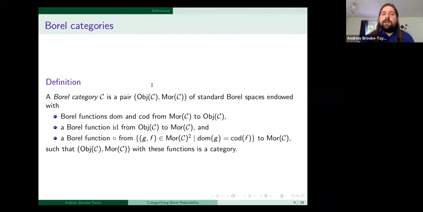So a Borel category is just a pair of standard Borel spaces where you have a space of objects and a space of morphisms. And then in the way I set up the category theory definition with the functions between those classes, it's just all the same for that, in such a way that these objects and morphisms with those functions form a category.